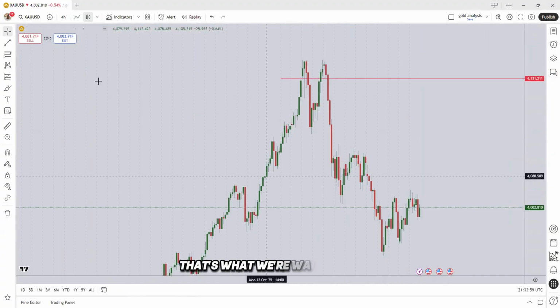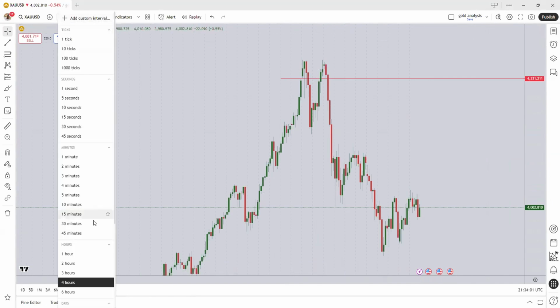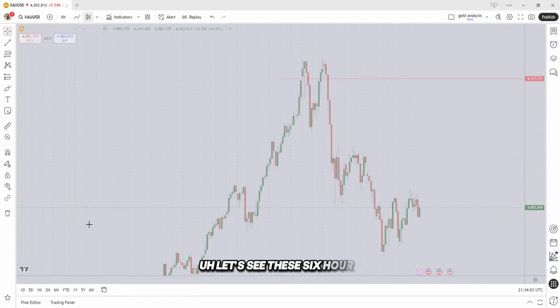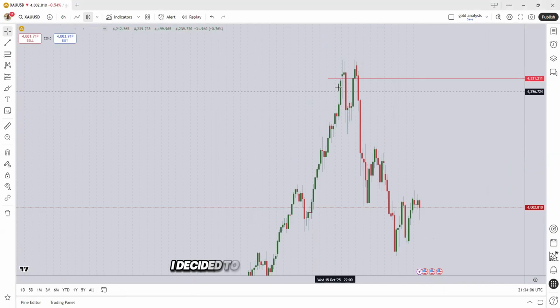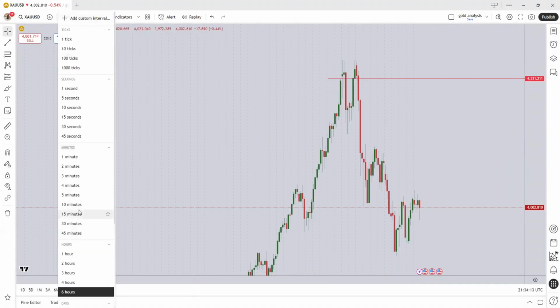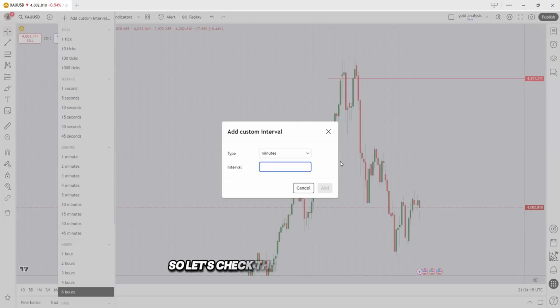That's what we're waiting for. Let's see these 6 hours. It's working hard to close my TradingView. So let's check the 8 hours as we intended.